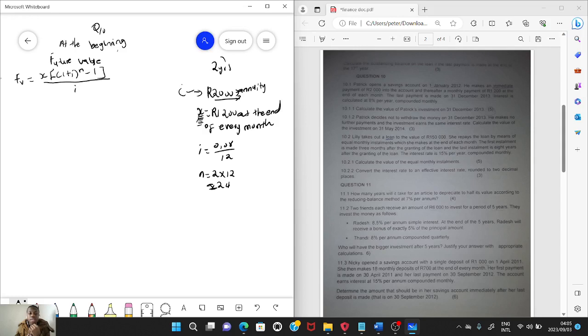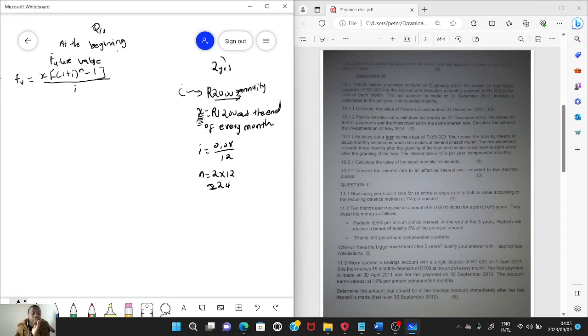We have been given i, which is 0.08, and we know the payments were made for a period of 2 years, from the end of January up to the end of December. If you calculate 2012 to 2013, the whole of 2012 and the whole of 2013, that's 2 years. So I have my n, I have my i, I have my x. I just substitute.